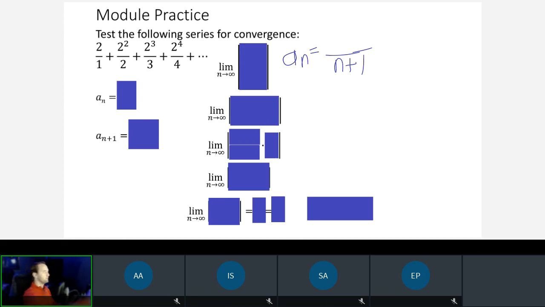So for my first term here, when n equals 1, if I plug in 1 into n, do I get 1? I don't. If I plug in 2, so this is my second term, do I get 2? No, I get 3. So what should the denominator be then?